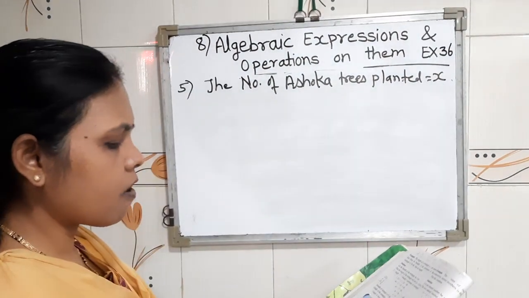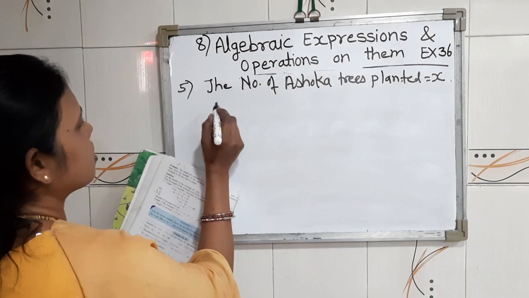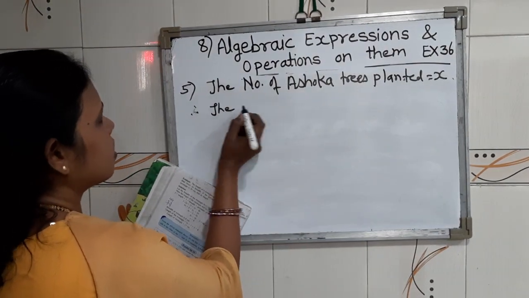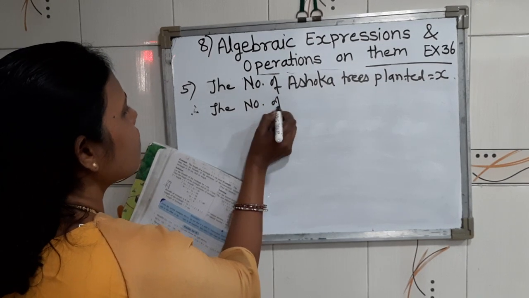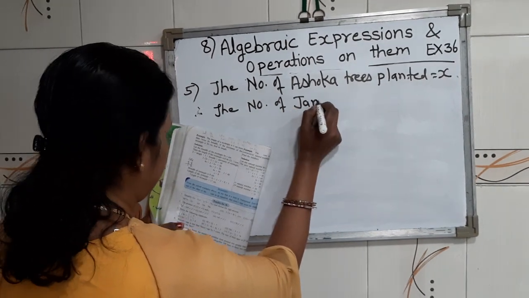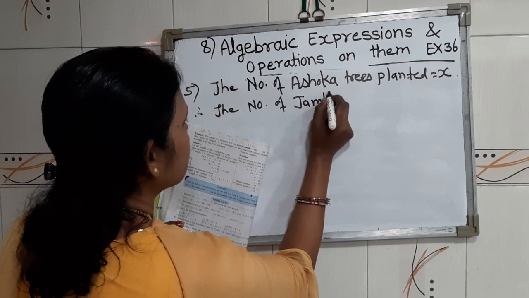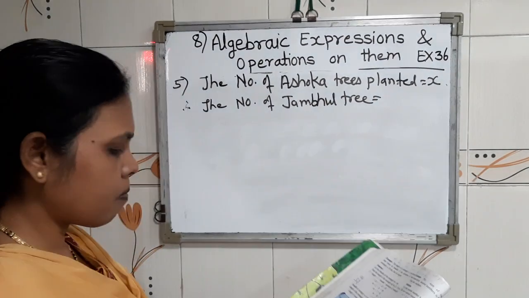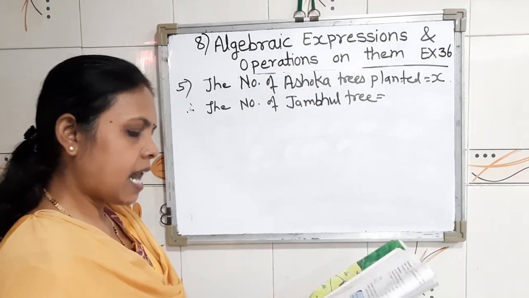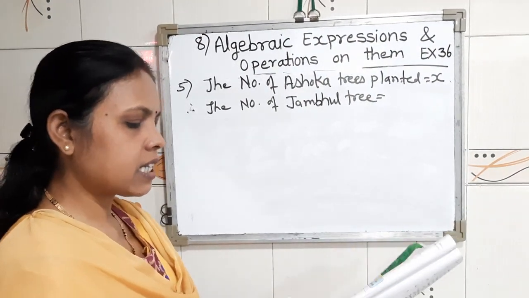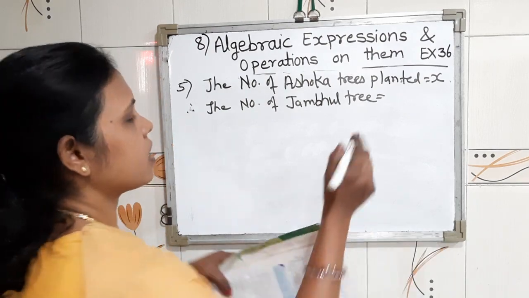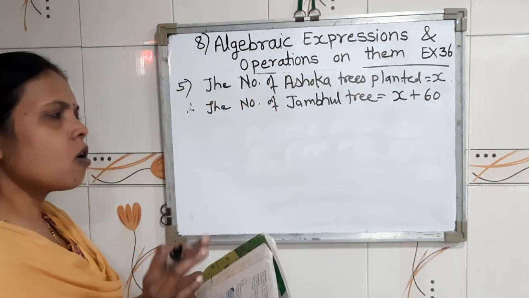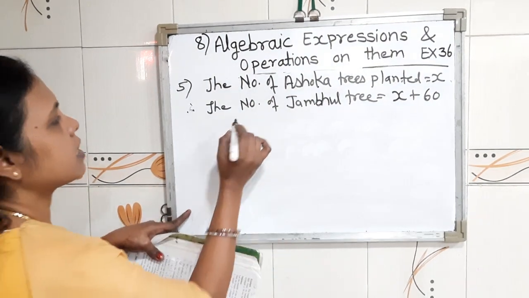The next type of trees are jambul trees. Therefore, the number of jambul trees equal to how much? Greater than the number of Asoka trees, therefore x plus 60. Now, all together is 200 trees.